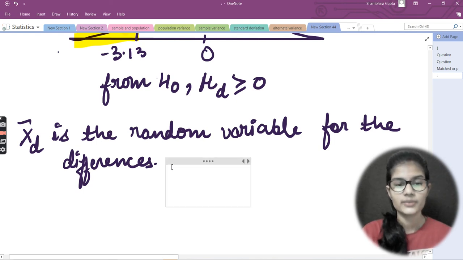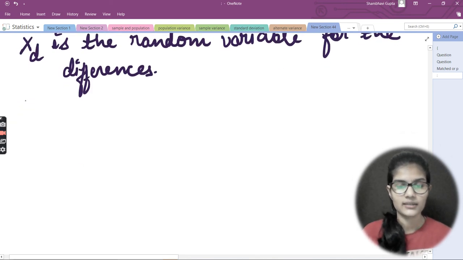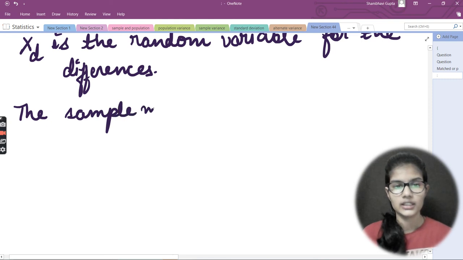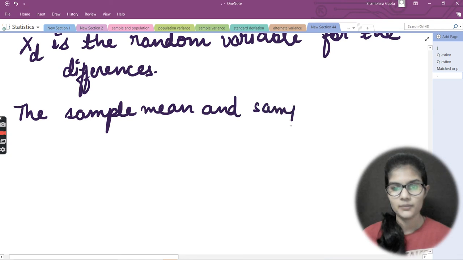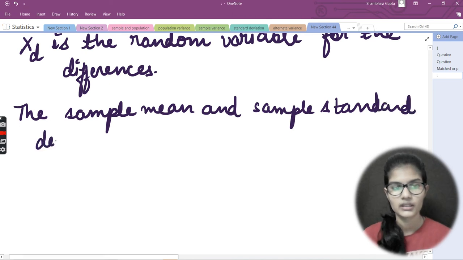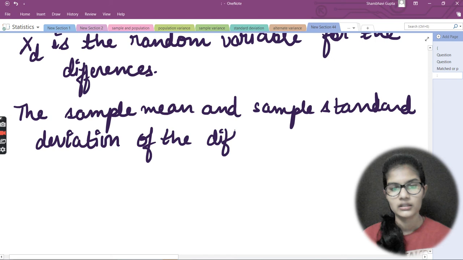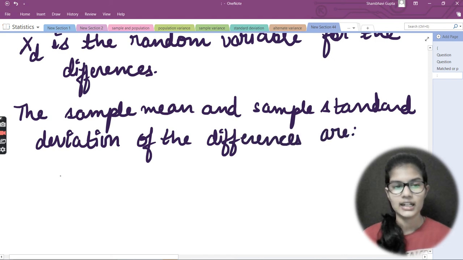Now, after this comes the sample mean and the sample standard deviation. We had already figured that out, so we'll just write that here. The sample mean and the sample standard deviation of the differences are what we have here.